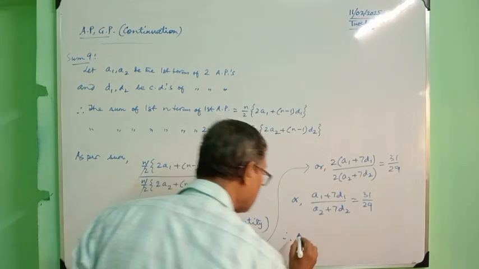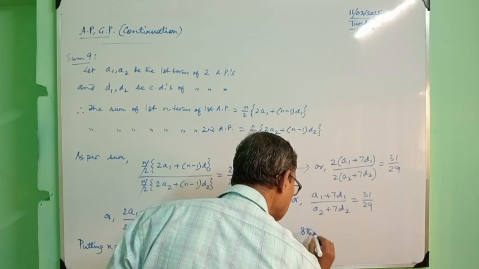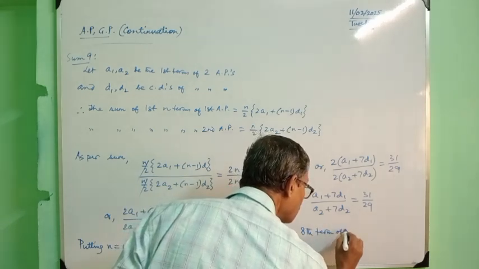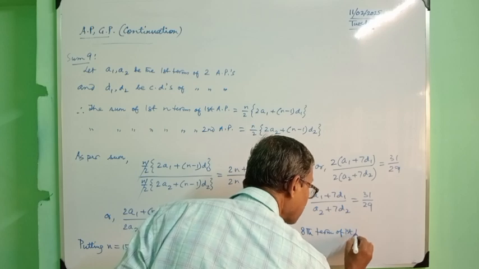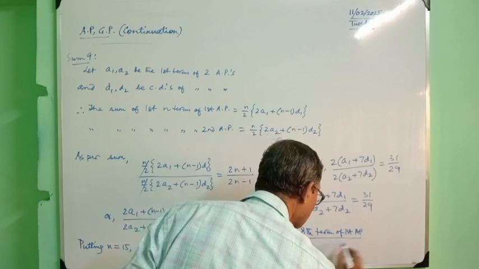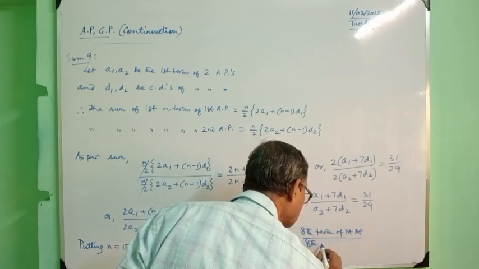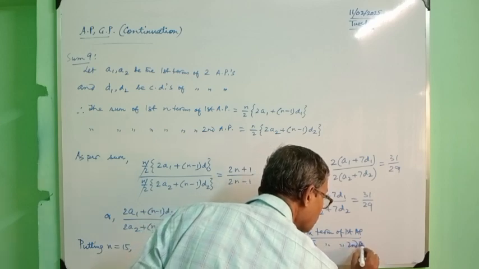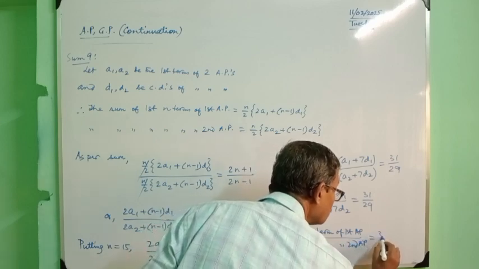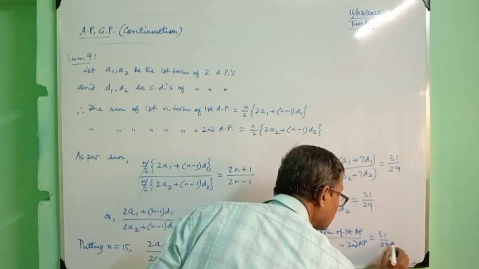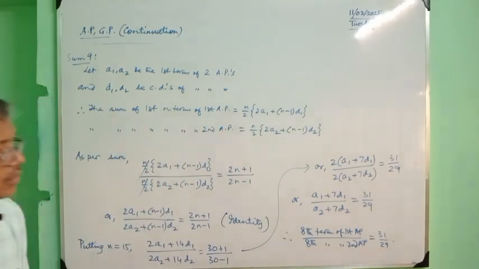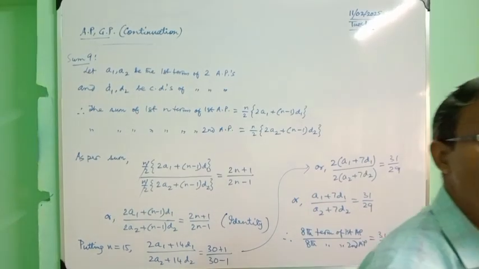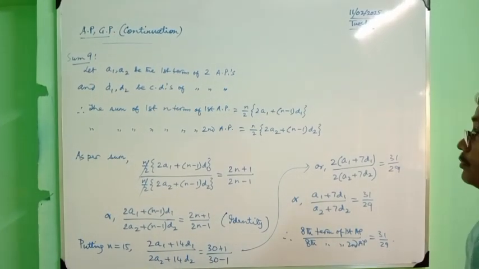Therefore, the 8th term of first AP by the 8th term of second AP is equal to 31 by 29. You have followed. The sum is solved.